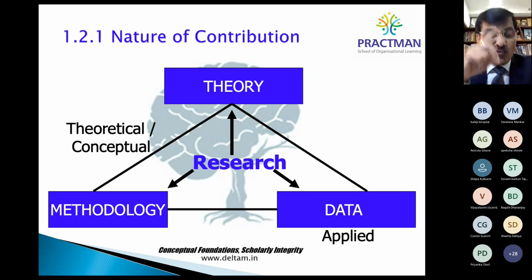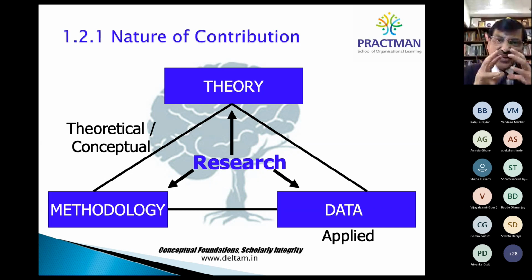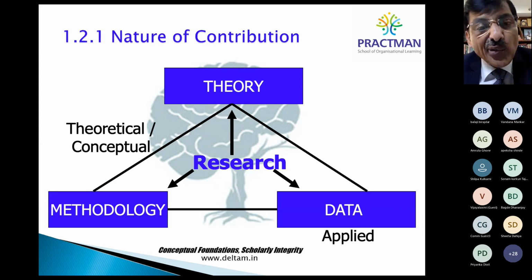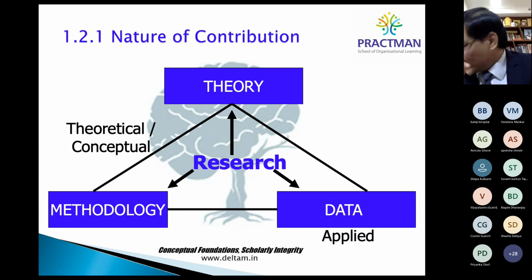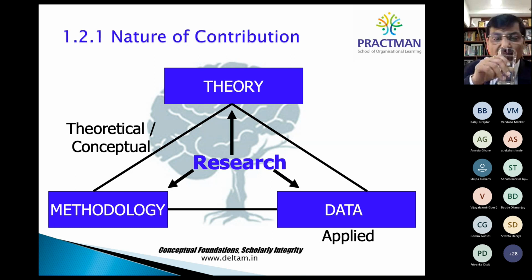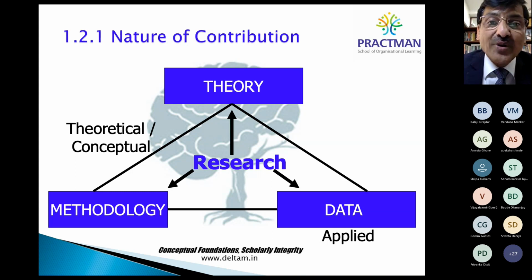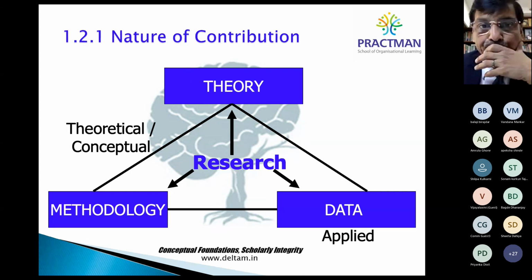As I told you, first you need to choose a broad area in which you would like to do the research. Having identified a broad area, then go on to check whether your research will make a contribution to the body of knowledge or not. First thing that you will check is what is the nature of contribution you are going to make. One can contribute to the body of knowledge in three different ways.